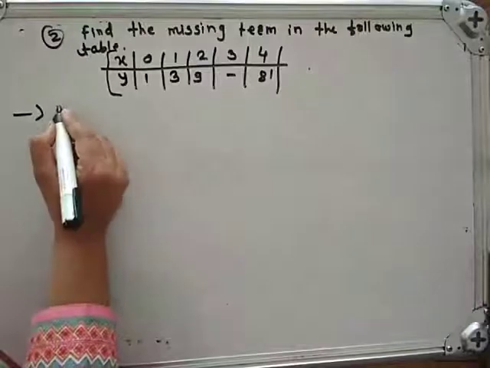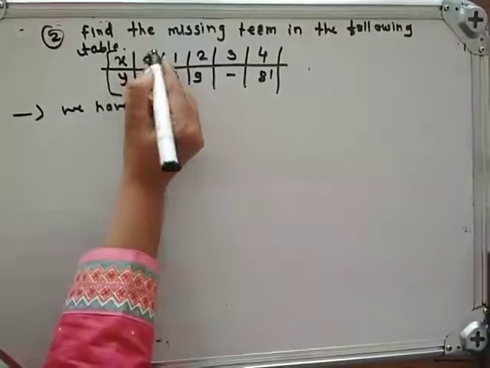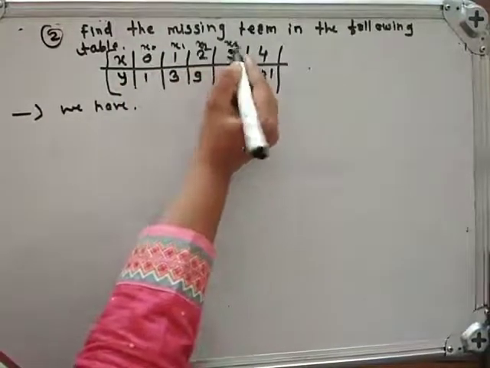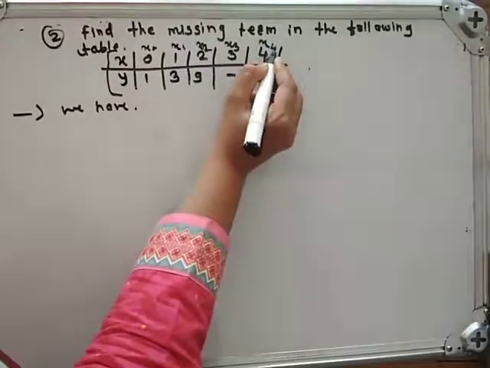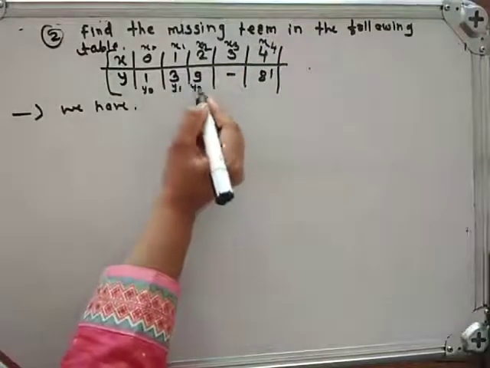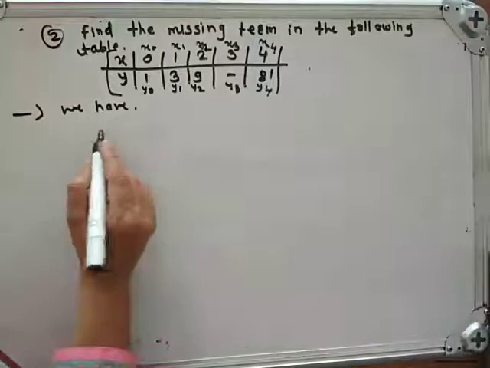We have here x0, x1, x2, x3 and x4. So this is y0, y1, y2, y3 and y4.